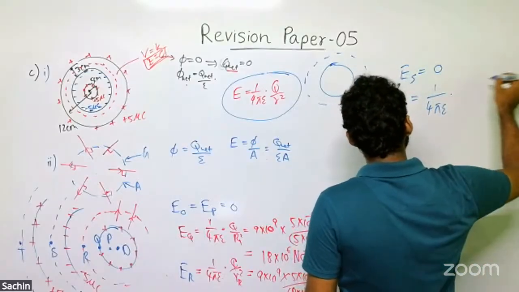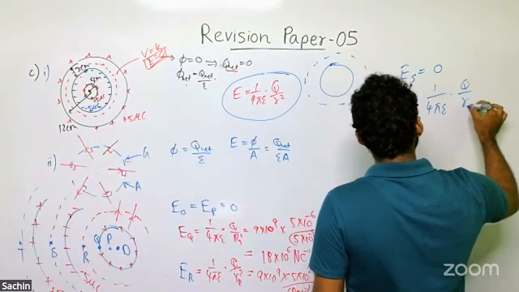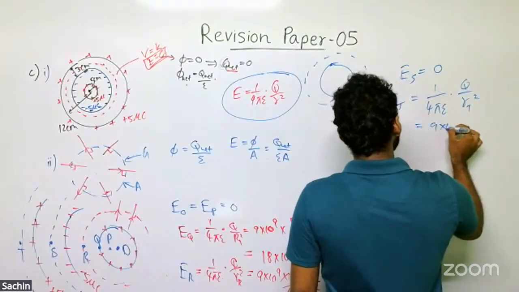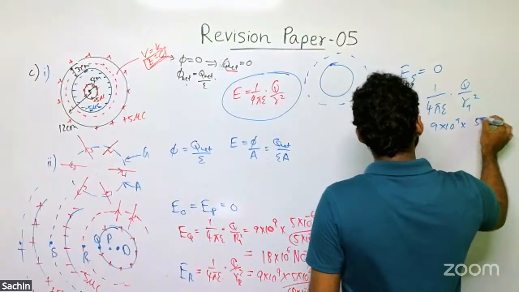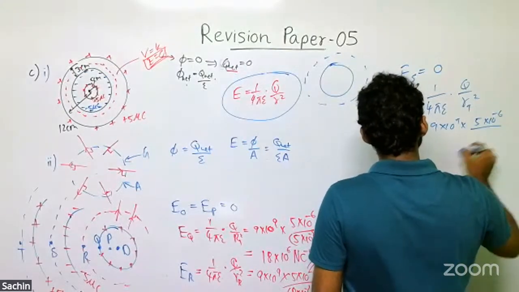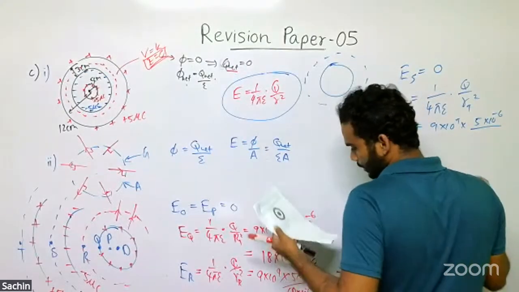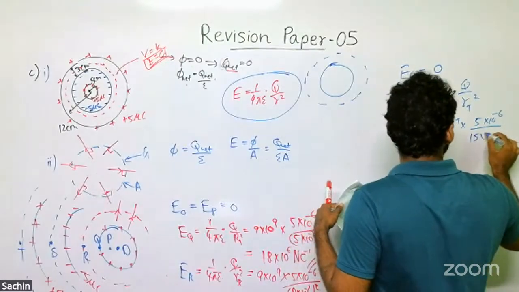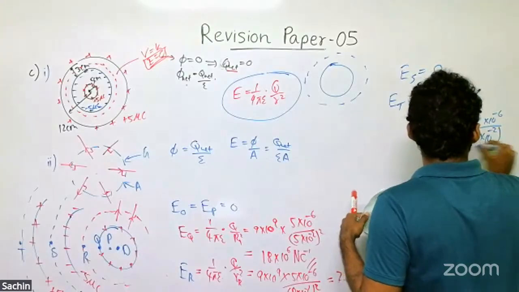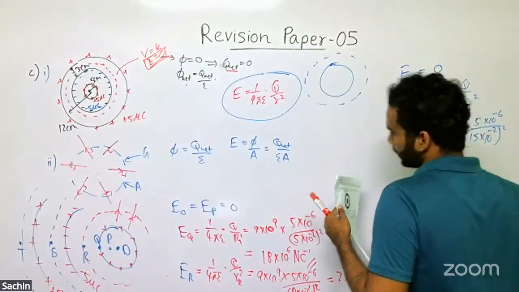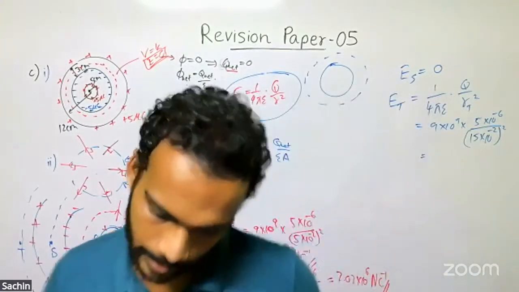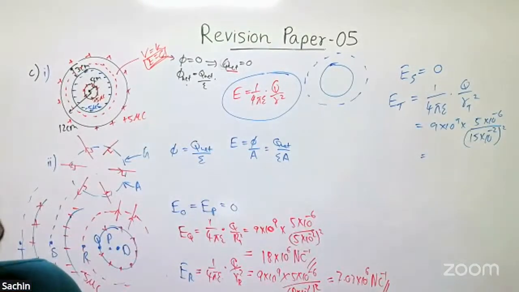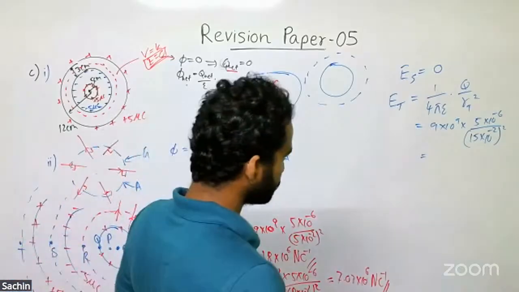So 1/4 epsilon Q over RT squared. 9 into 10 to the power 9, charge 5 into 10 to the power minus 6, the distance to point T is 15 into 10 to the power minus 2, squared. When you solve this, I think you will get something like 2.3 into 10 to the power.